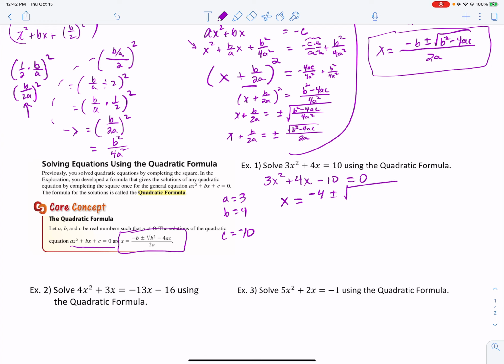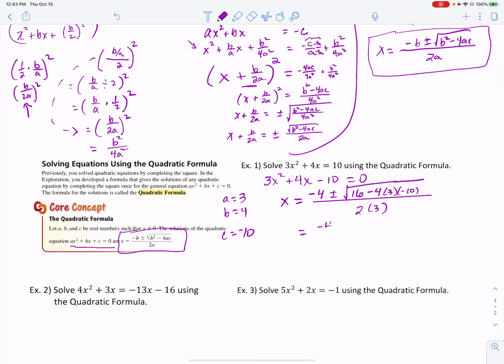b squared, and b is 4, so if I square b, I'm going to get 16. And then minus 4 times the value of a times the value of c. So I need to extend my radical, put my fraction bar. So that so far is the negative b plus or minus the square root of the b value squared minus 4 times a times c, and then all over 2 times a, all over that 2 times 3.